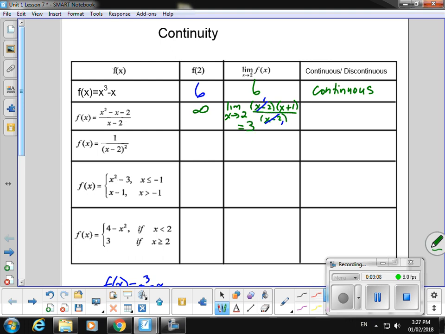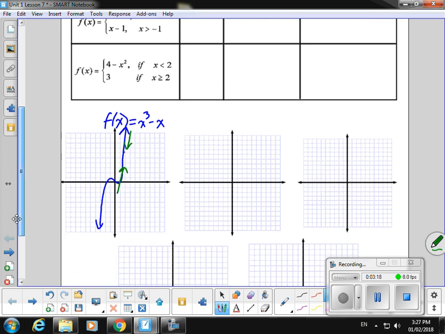So this function has a problem when x is 2, but it has a limit as x approaches 2. Let's have a look at that graph. It's going to present like x plus 1. f(x) equals x squared minus x minus 2 over x minus 2.